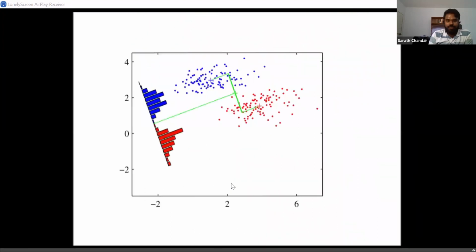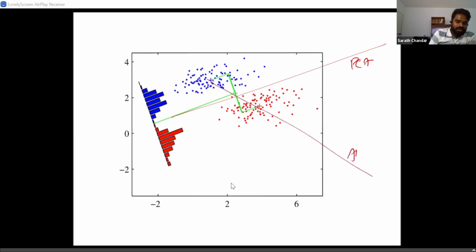So this is the same problem which was linearly separable in the original space, right? Just to give you a reminder, if I do PCA, my PCA line would be something like this, approximately. Now remember, the algorithm one line would be something connecting these two.